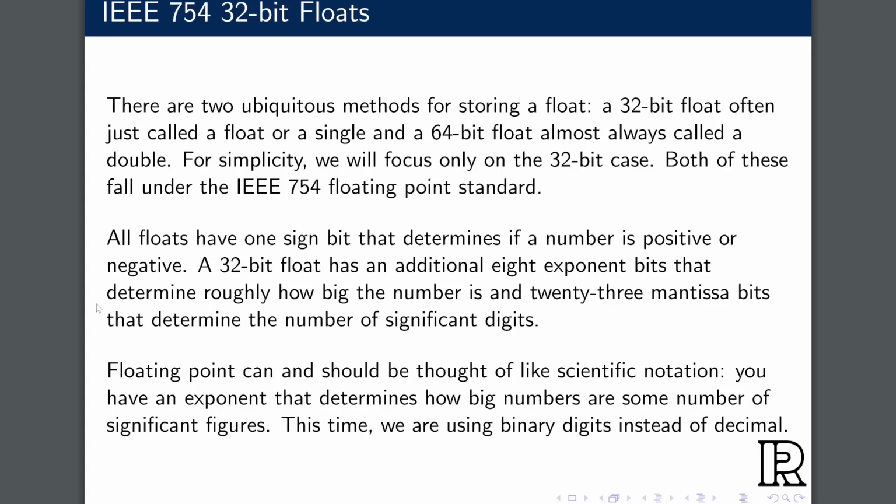But it turns out everything you ever learned about scientific notation and significant figures carries over immediately to floating point computations. The exact same tools you use to understand significant figures in scientific notation, you use to understand significant digits in floating point representations.